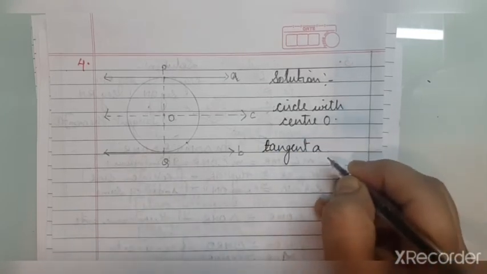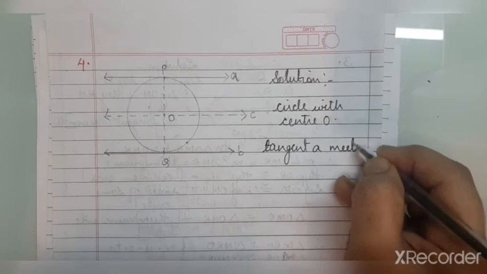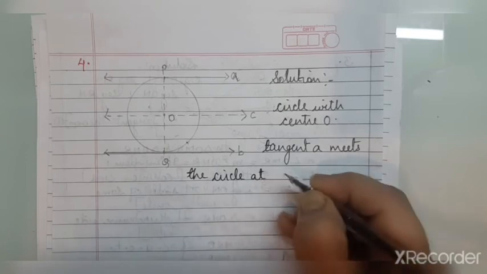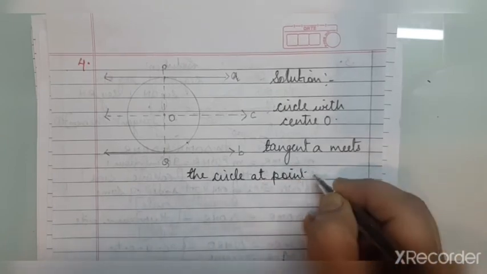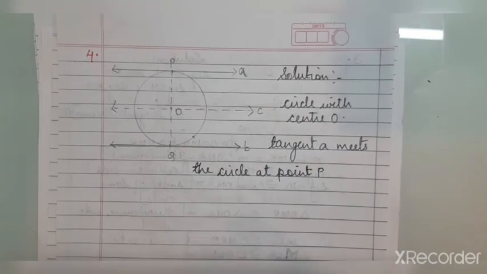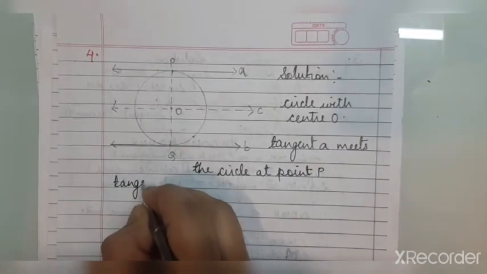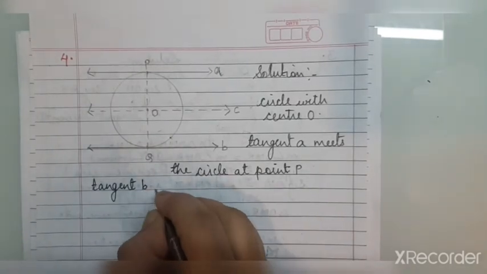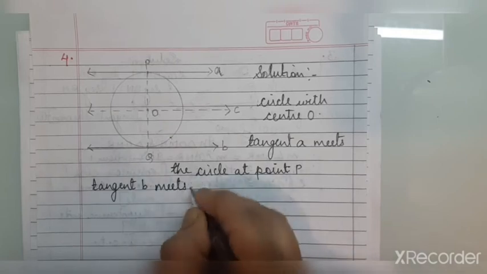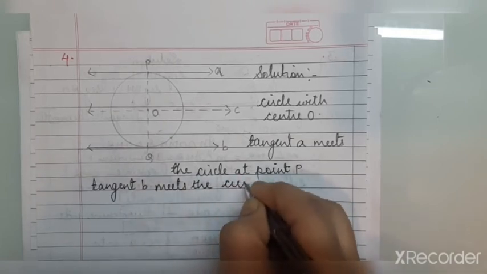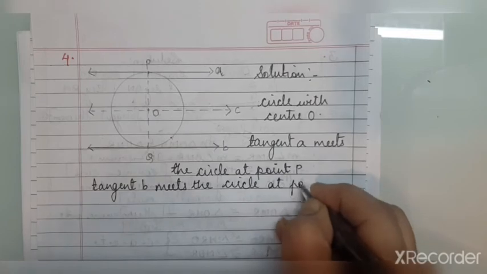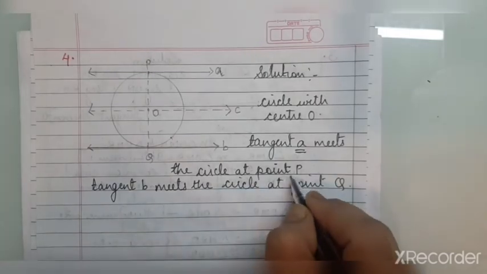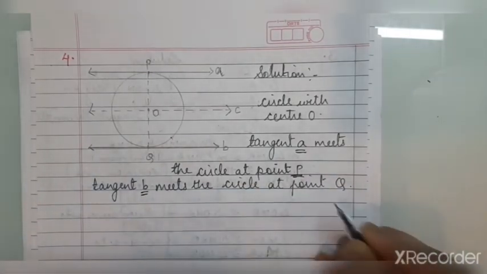Tangent A meets the circle at point P. And the second thing, tangent B meets the circle at point Q. So A tangent meets the circle at point P and B tangent meets the circle at point Q.